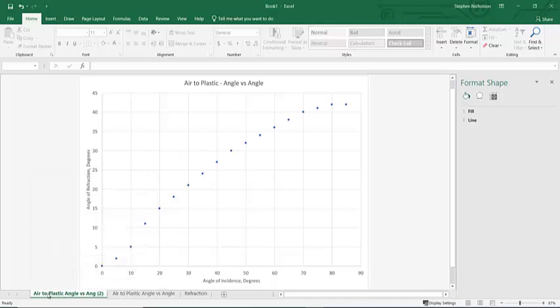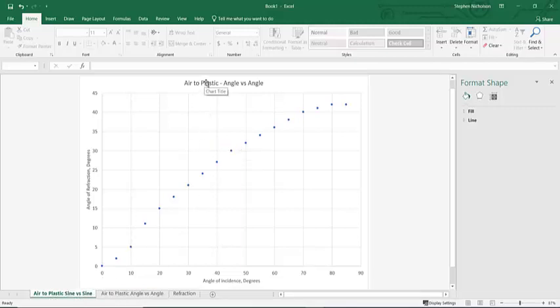So you see it says air to plastic angle versus angle (2). So what I'm going to do in this case, we're actually going to plot the sine of the angle. So double click on here so we can change the description to sine versus sine instead of angle versus angle. Okay.